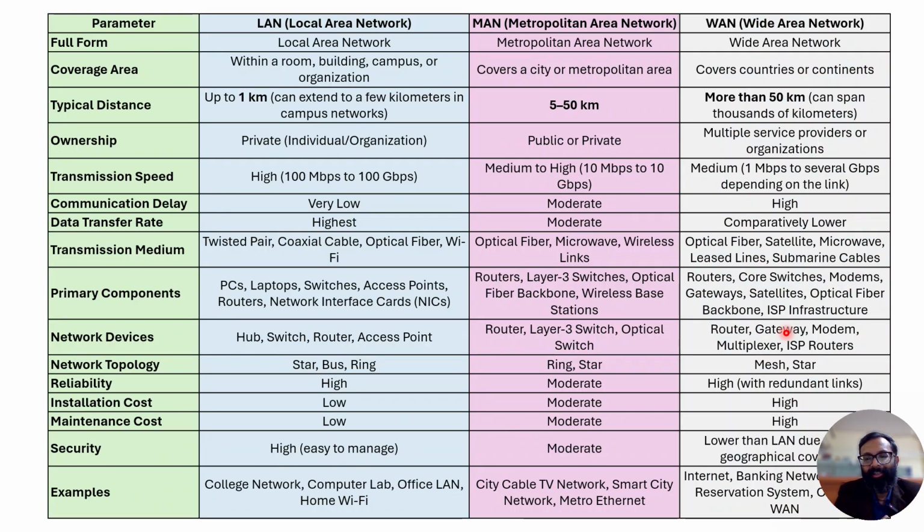Sometimes in the examination they may ask, differentiate between LAN, MAN and WAN. So when they ask technically for this difference between LAN, MAN and WAN, you have to list certain parameters like coverage area, typical distance, who owns it, transmission speed, communication delay, data transfer, primary components used in LAN, WAN and MAN, and then the type of topology used, installation cost, and examples you have to write.